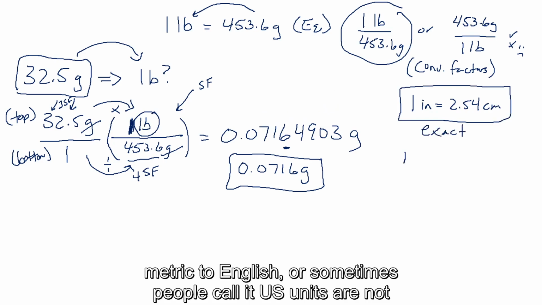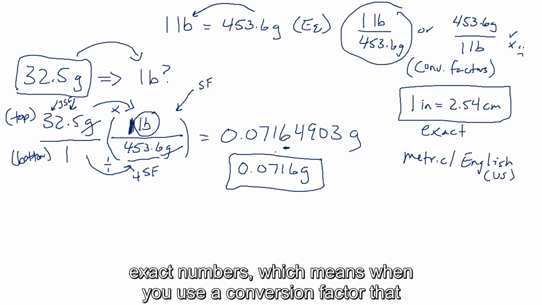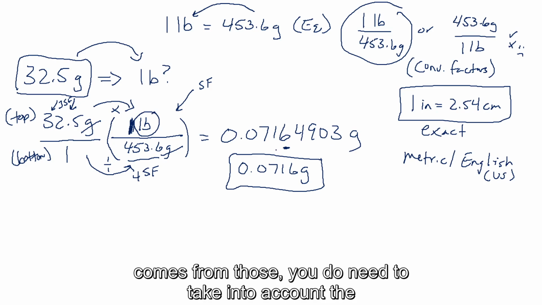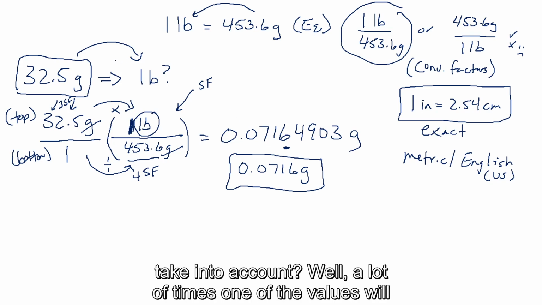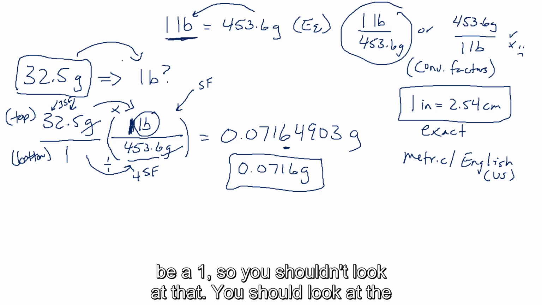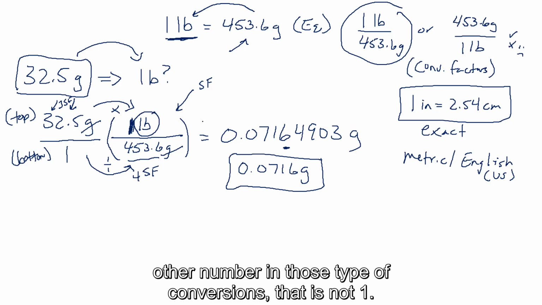But most metric to English, or sometimes people call it US units, are not exact numbers, which means when you use a conversion factor that comes from those, you do need to take into account the significant figures. What significant figures should you take into account? Well, a lot of times one of the values will be a 1, so you shouldn't look at that. You should look at the other number in those type of conversions that is not 1.